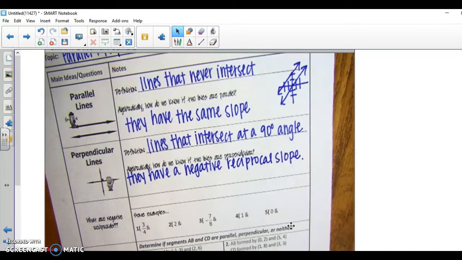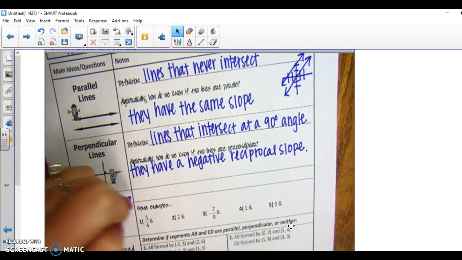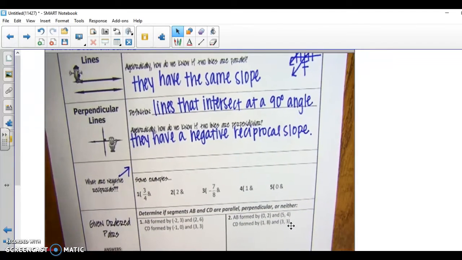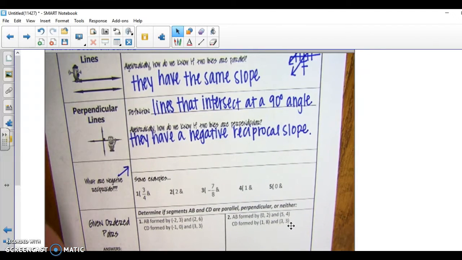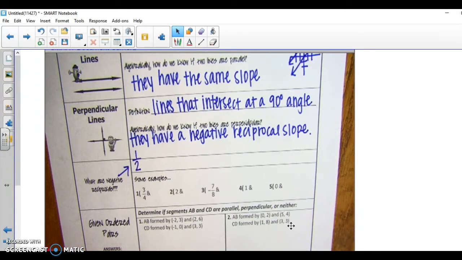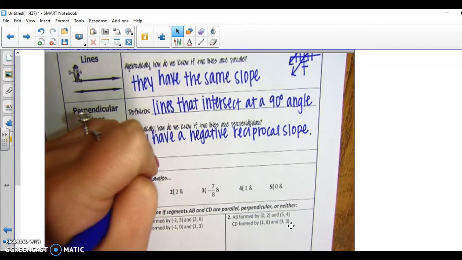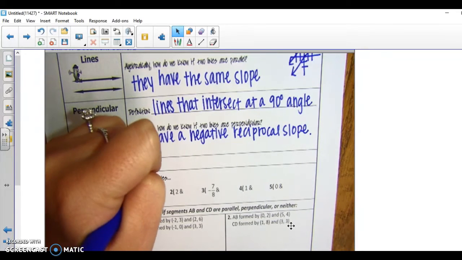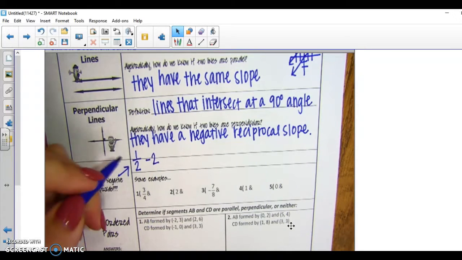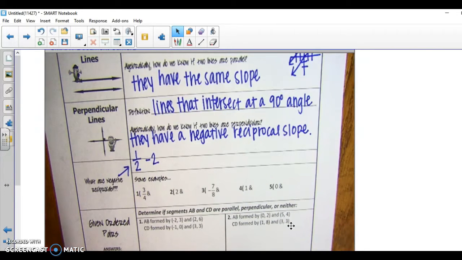So, when we are talking about a negative reciprocal, that means that, so say we had a fraction, and say our fraction was 1/2. So our negative reciprocal of that would be a flipped fraction with a negative in front of it, because 1/2, its negative reciprocal is going to be -2.